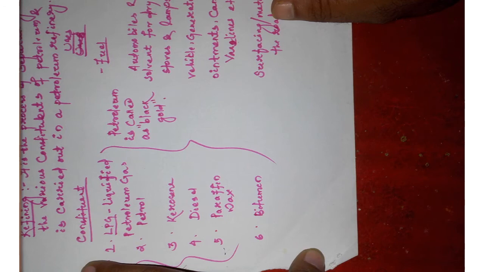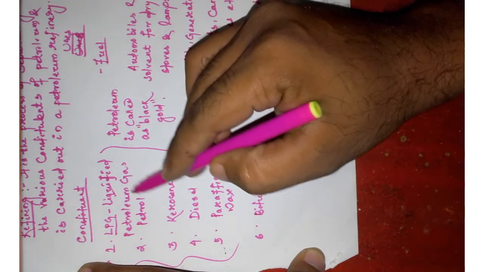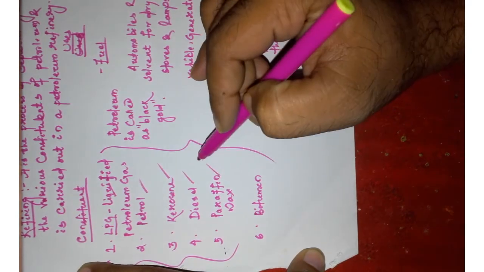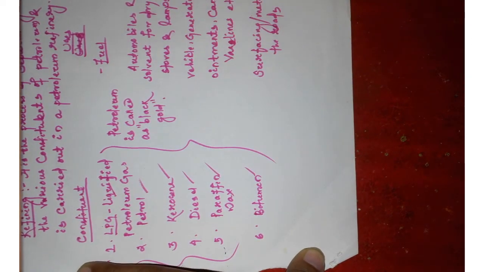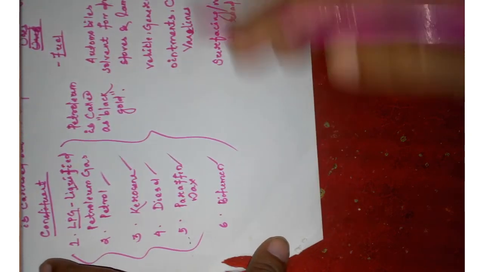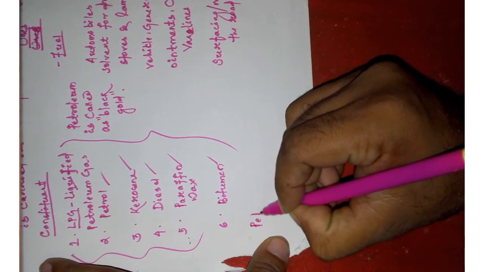Actually, the useful substances like LPG, petrol, kerosene, diesel, paraffin, bitumen are obtained from petroleum, and natural gas also are called petrochemicals. So what is petrochemical?